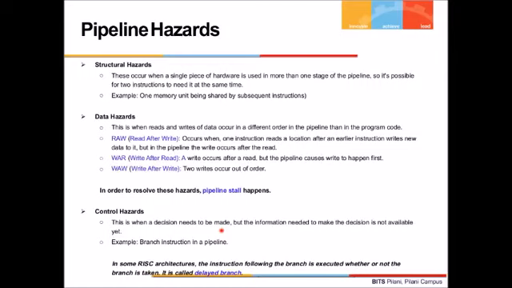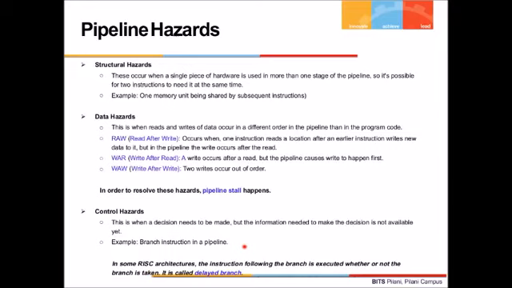So this is a control hazard. It basically delays the entire operation for a long amount of time. Whatever you have done has to be flushed out and it has to restart from the new location again. Okay. So this is resolved in different ways in different architectures.